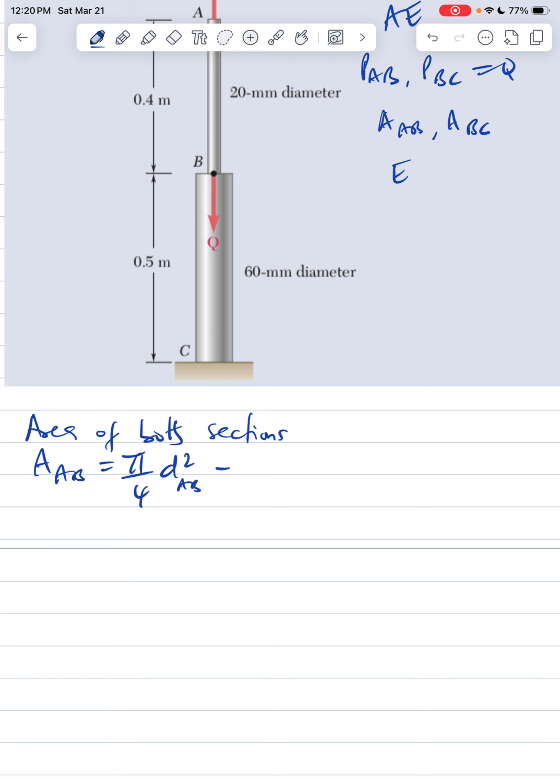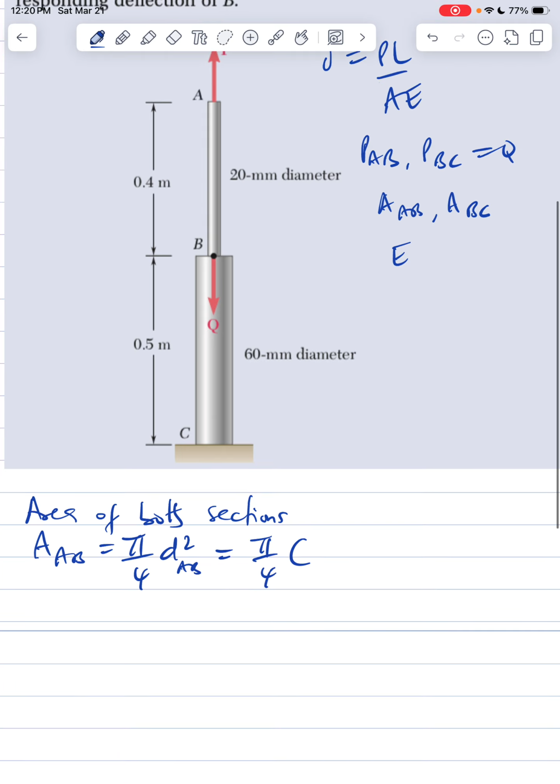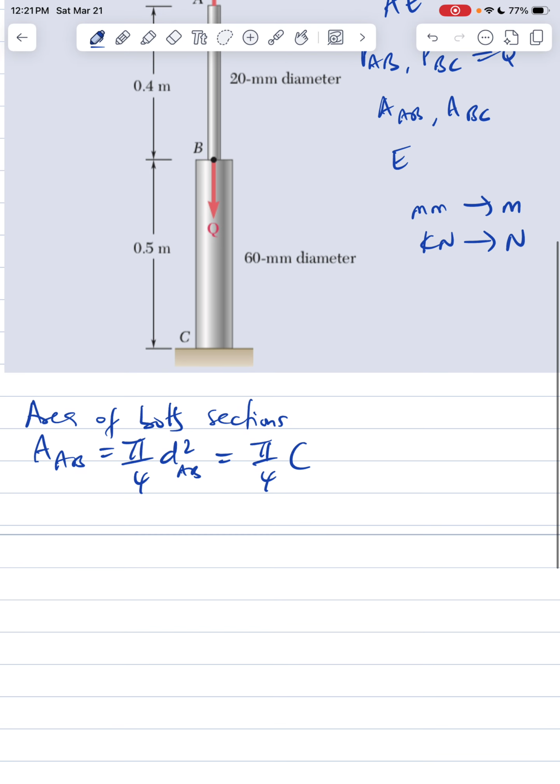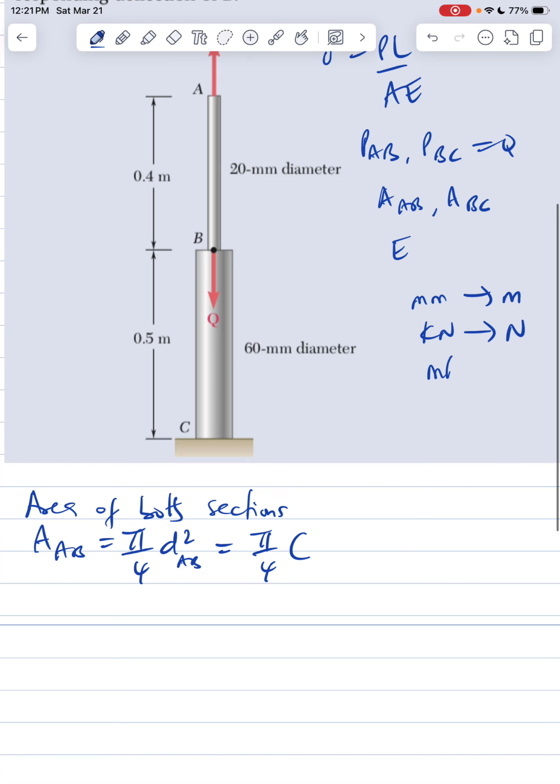Here we have the diameter in millimeters, and we also have 4 kilonewton. So we turn millimeters to meters, and kilonewton to newton, just to keep things consistent, so that we also have megapascal turned to pascal.